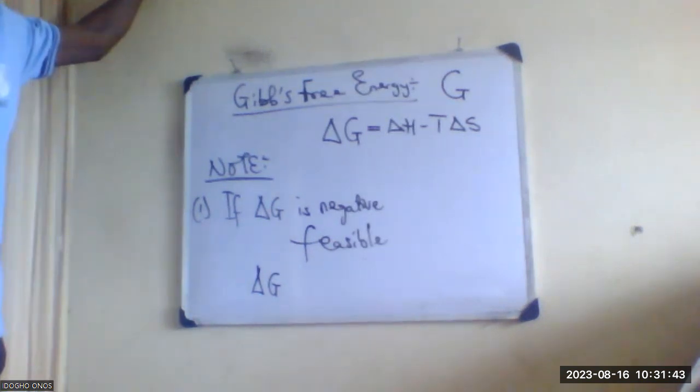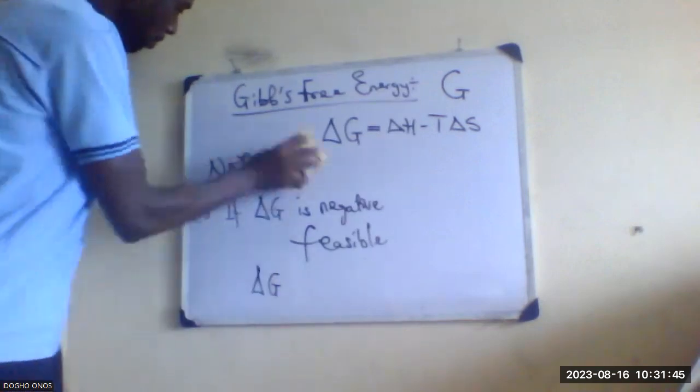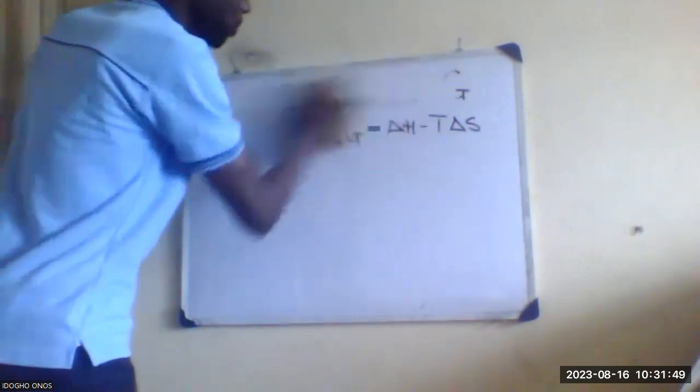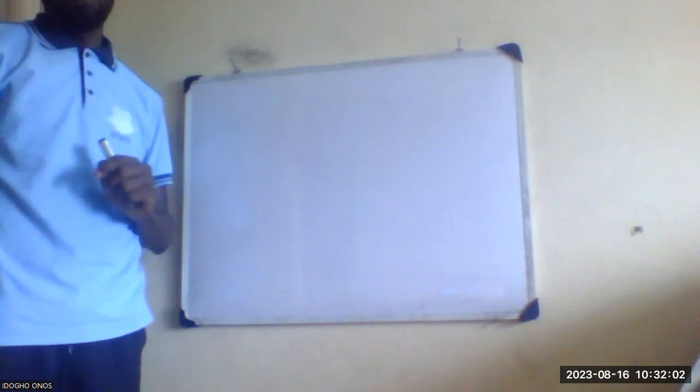So those are the three possible values you could get for free energy, and those are the interpretations. It is either positive, negative, or 0.